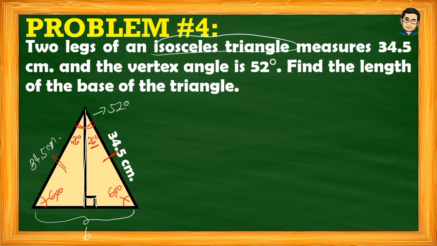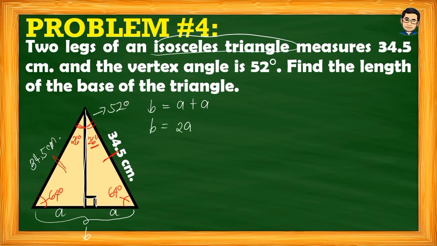So, i-denote natin yung hati na yan as A. So, ito A, and then A. So, para makuha yung sukat ng base, dapat i-add natin yung dalawang A na yon. So, or simply B is equal to 2A.